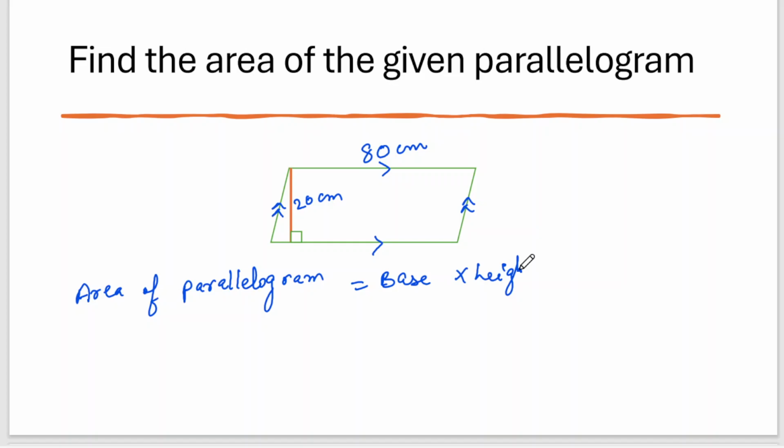Okay. Now, what is the base? You can see the base is 80. Why is it 80? Because in a parallelogram, opposite sides are parallel and equal. So if it is 80 from here to here, then this will also be 80 from here to here. Okay, so our base is 80 centimeters.